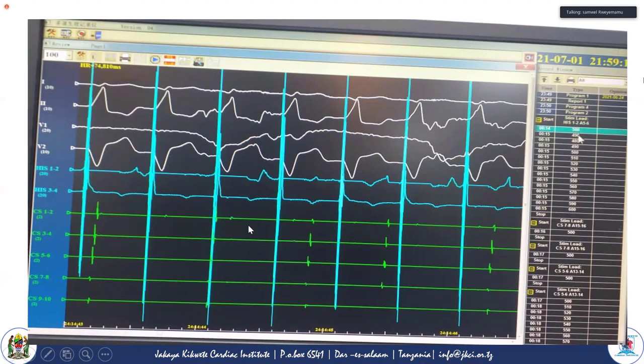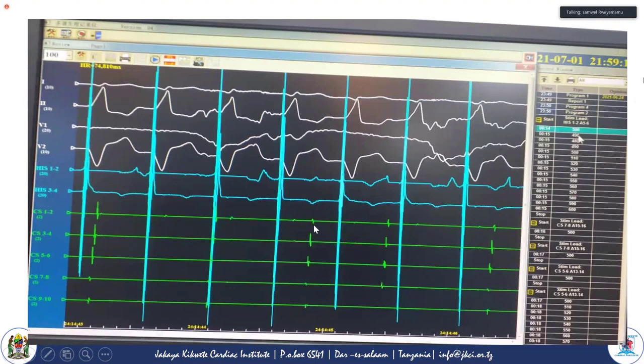So this is followed again by another ventricular signal, then the coronary sinus electrode 1 and 2 shows again the impulse from the ventricle reaching the atrium. There is another ventricular signal here that is followed by an atrial signal. Then from there you find this ventricular signal that is not followed by an atrial signal.